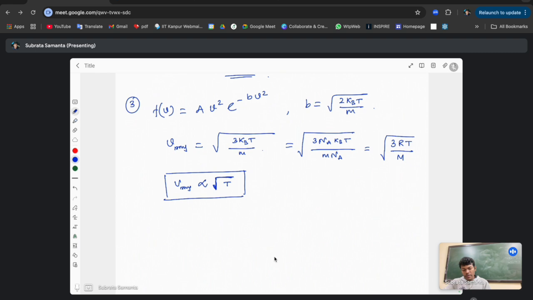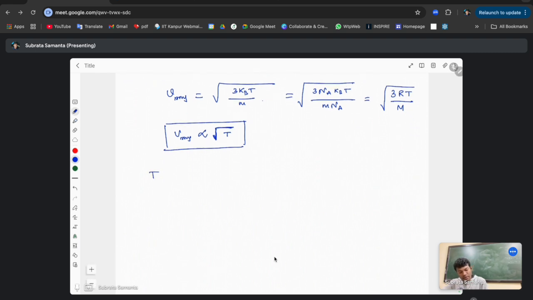So now if we have two temperatures, let's say T1 and T2, and we compute v RMS 1 divided by v RMS 2, this is basically the square root of T1 over T2.